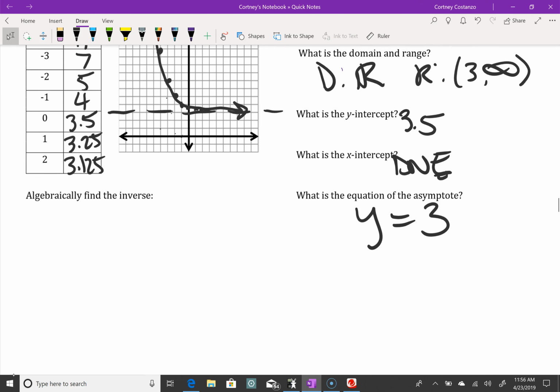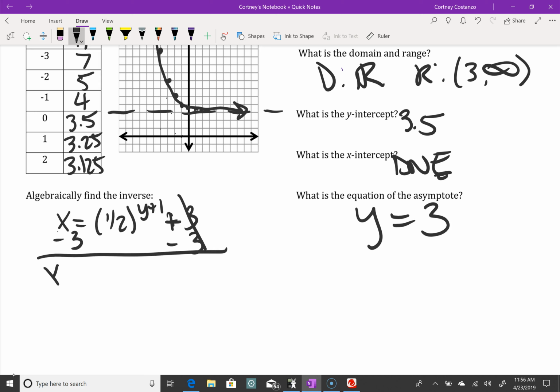So remember, you always switch x and y, so that's step 1. Now, to undo an exponential, normally I would lasso it, and I will in a minute, but I can't lasso until I isolate the exponential. So the first thing after I switch x and y is get the exponential isolated.